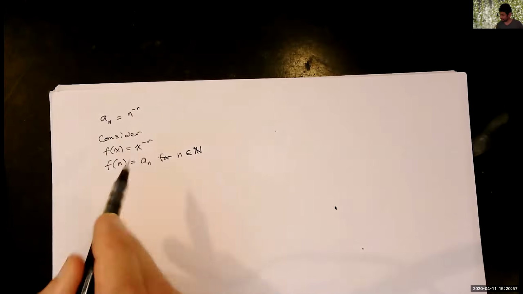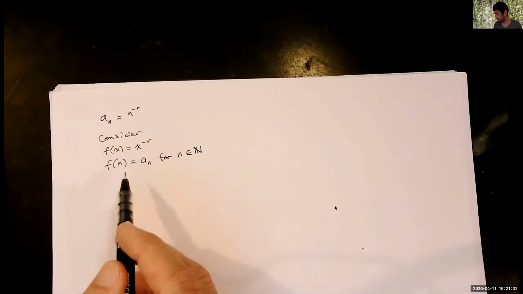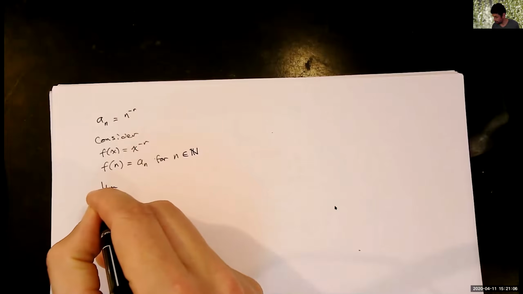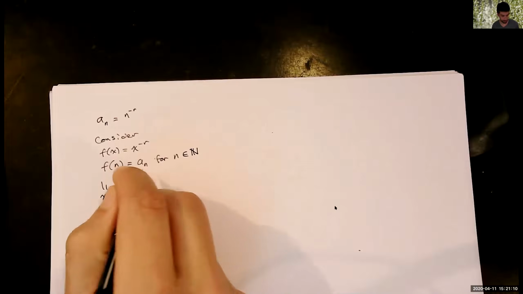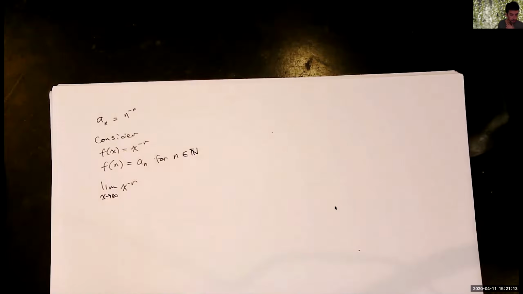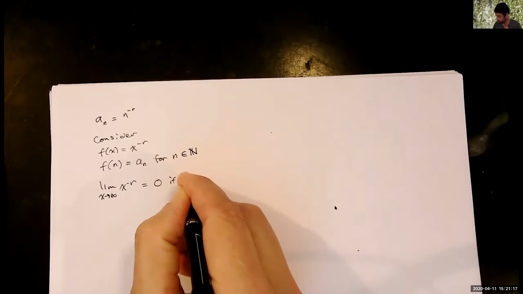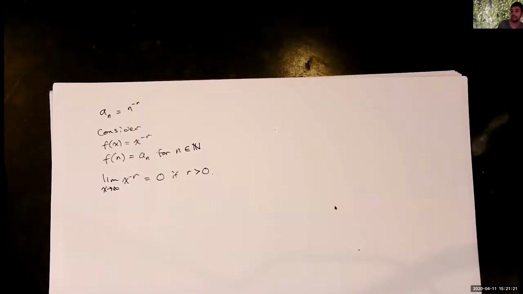So that satisfies the first part of our theorem, that we have a function that is equal to our sequence on the integers. And we also know the limit as x goes to infinity of x to the negative r is equal to 0 if r is positive. All right, this was something we proved back in Calc 1 for functions, right? As long as r is positive, then this is 1 over x to a power. X gets bigger, the fraction gets smaller.